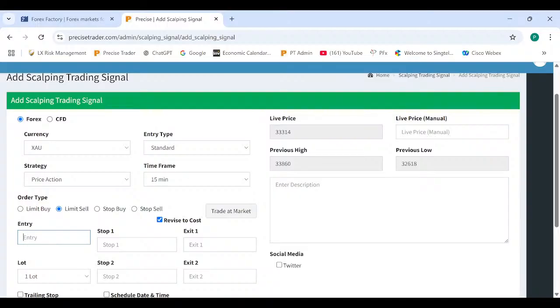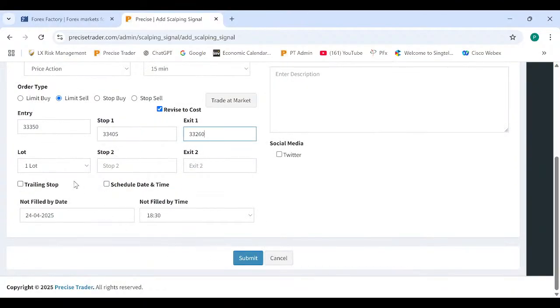Okay, 3334, put 4 half or 5. Okay, half lot.